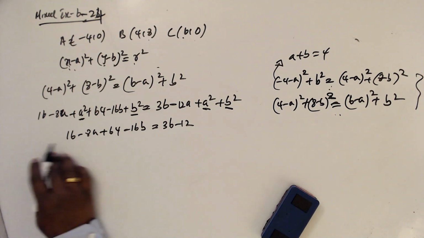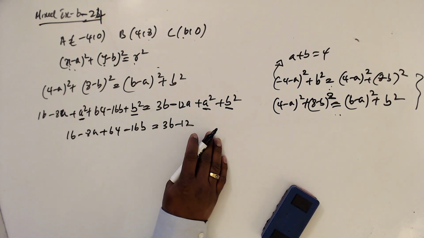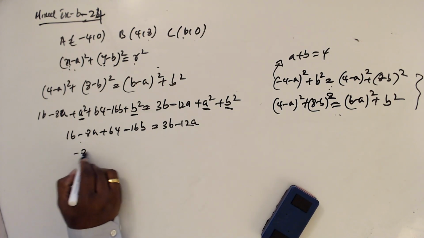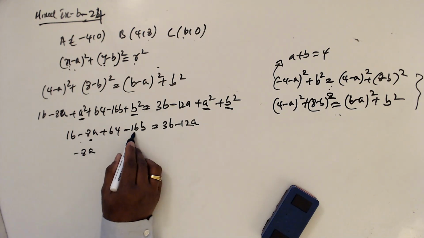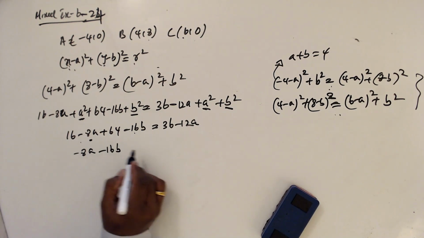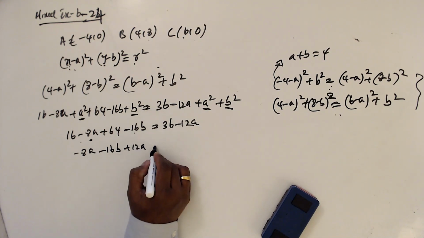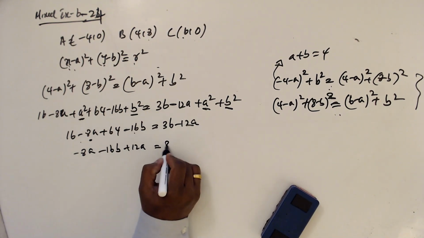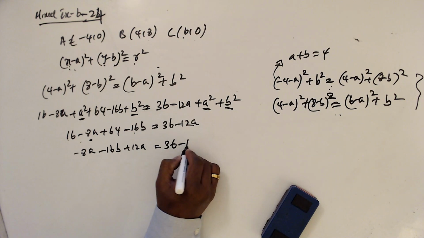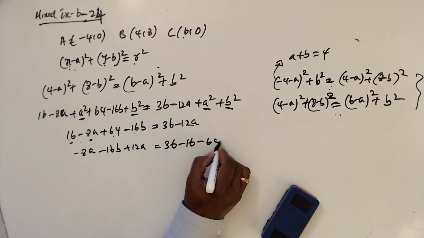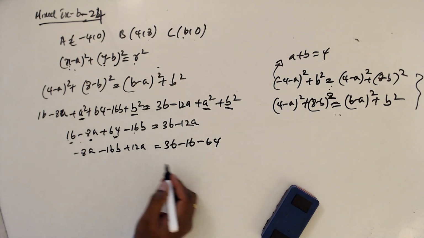Now I can see I can divide by 8. So this is minus 8a, I leave on the left side. This is minus 16b, I leave on the left side. This is going to be 12a, I bring to the left side. And this is 36, this one goes to the other side, and the constant goes to the other side too.